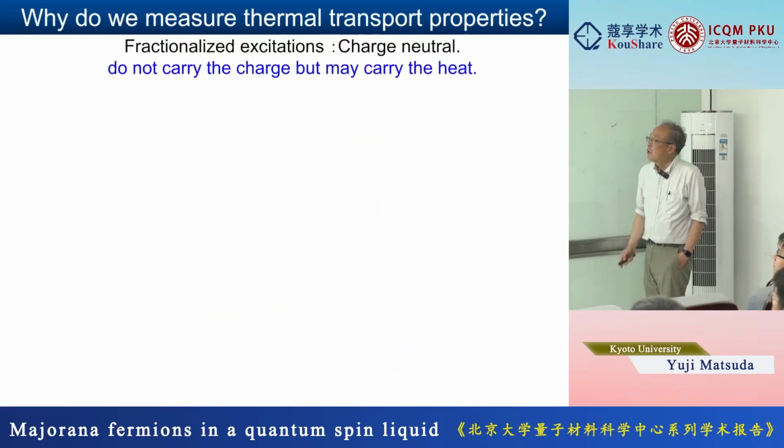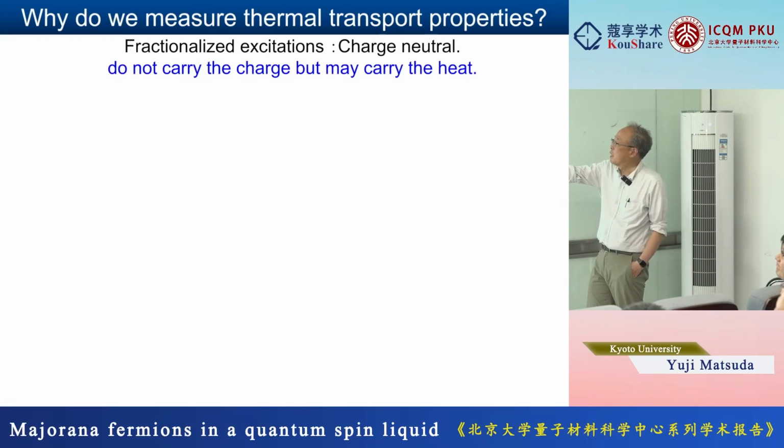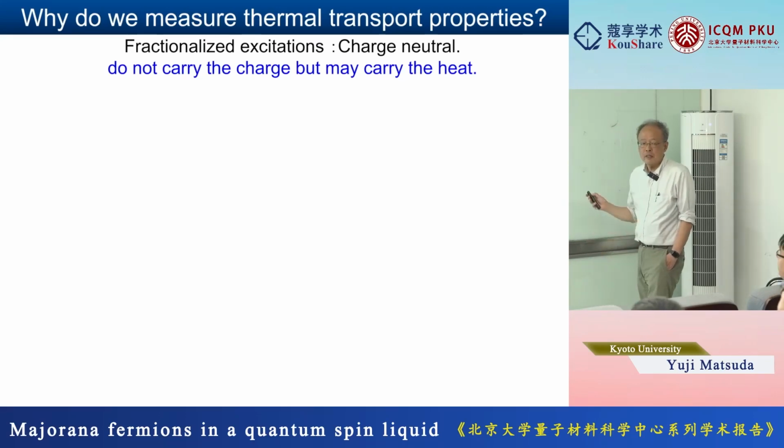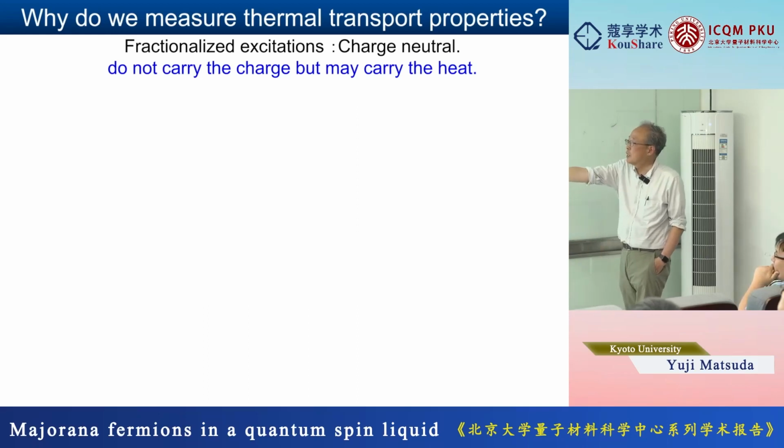We have been studying quantum spin liquids by thermal transport properties. Let me explain why. Because the system is an insulator, the fractionalized excitations are charge neutral, so they do not carry the charge, but they may carry the heat.